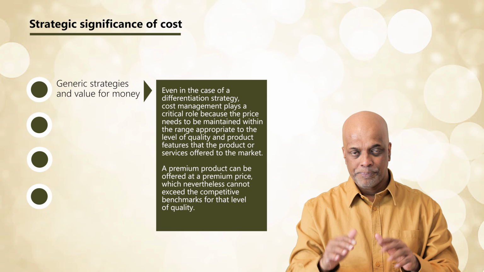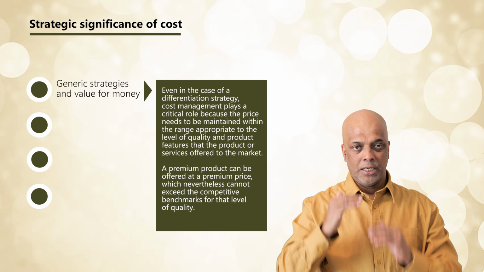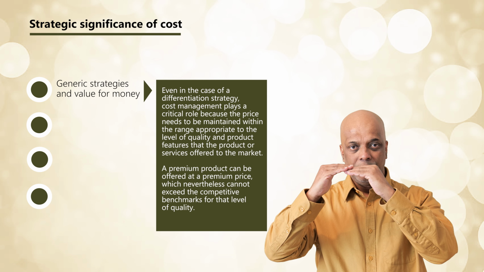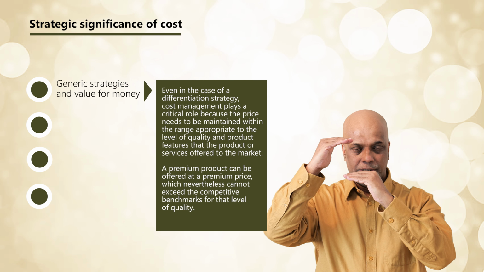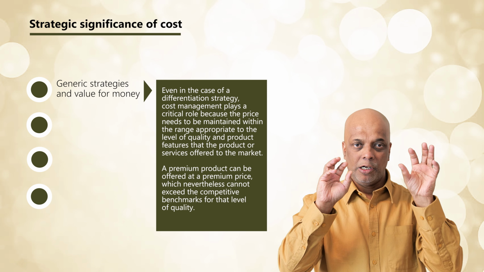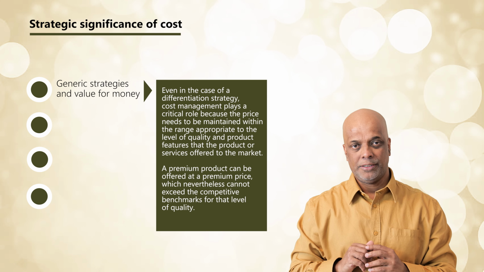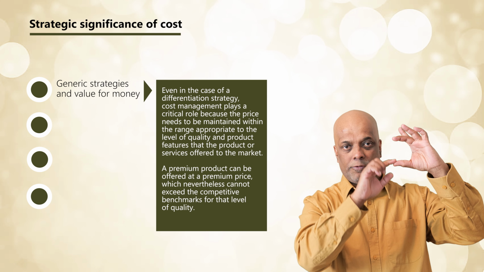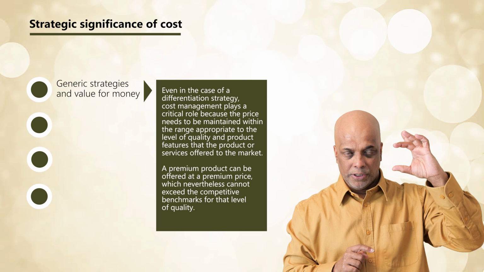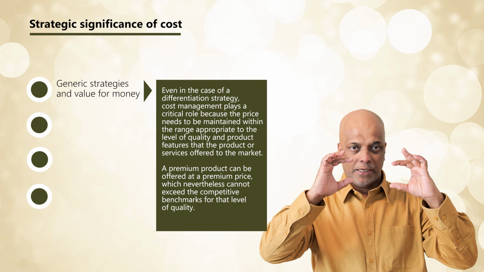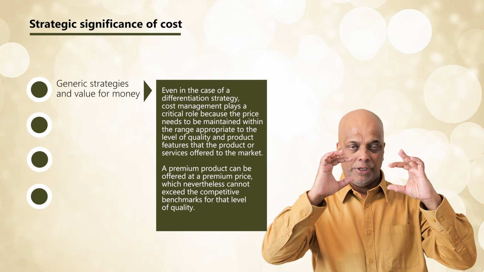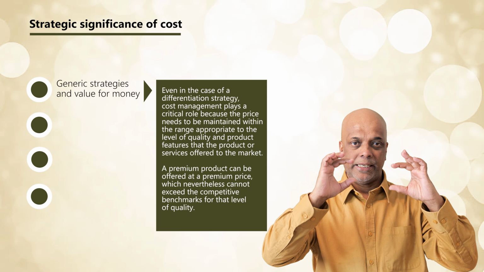However, even that higher price should be within an acceptable range in comparison to the level of quality that your product or service offers to the market. So there is a particular level of quality value that the firm offers, and in comparison to that, there is a particular range within which the firm should set its price.